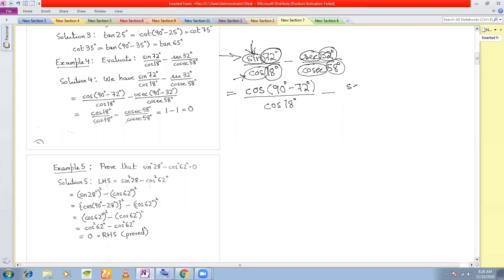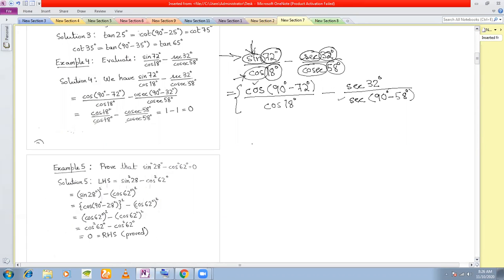suppose I want to keep this sec same. Okay. And I want to change cosec to sec. So I can write this as sec 90 degree minus 58 degree. So in the first one, I have changed the numerator, that is sine to cos.